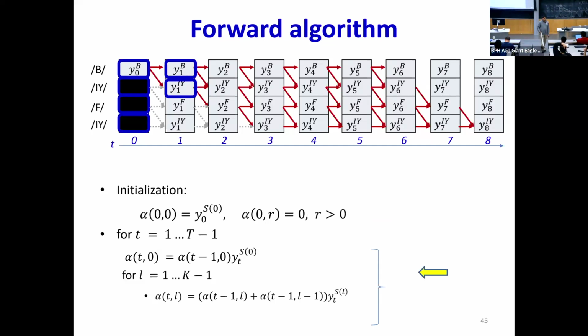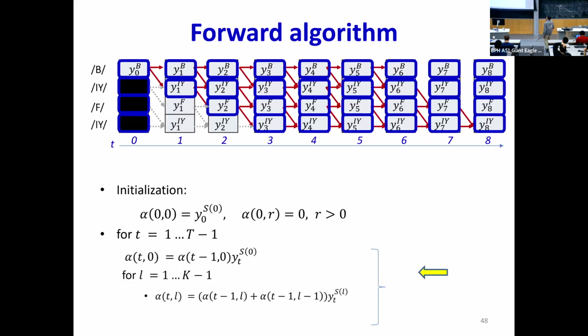Once I've done this for this column, I can take a step forward, compute the same thing for the next column, and keep going forward till I compute alphas for every node in my graph. Does this make sense to everybody? So this means I have managed to compute this alpha T,R term for pretty much every node in the graph in one forward sweep.